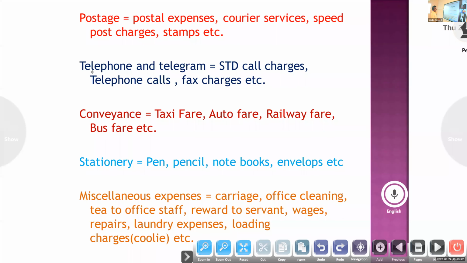Next, stationery: paper, pencil, notebook, envelopes. Miscellaneous: carriage, office cleaning, tea for office staff, reward to servant, wages, repairs, laundry expenses, loading charges, coolie, etc. So write. Whenever you are writing, remember the expense also. Read.